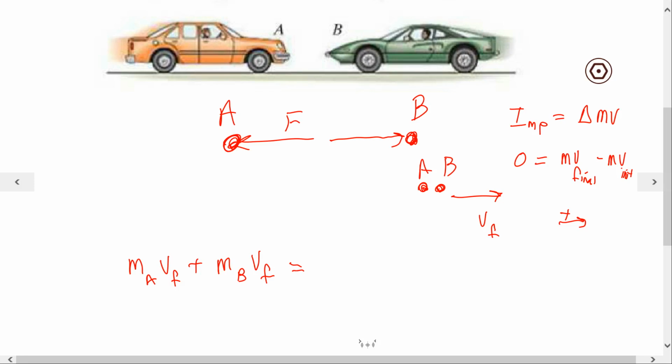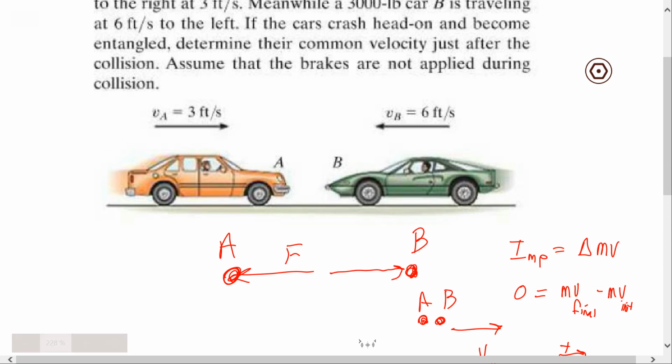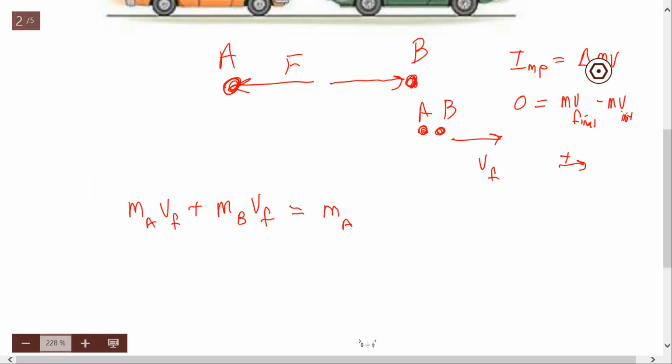initial, right? Let's go get their momentums before they collide. Does A have some momentum before they collide? How much? Mass times speed, right? So here we go, mass A. What's the initial speed? 3 feet per second? Positive or negative?